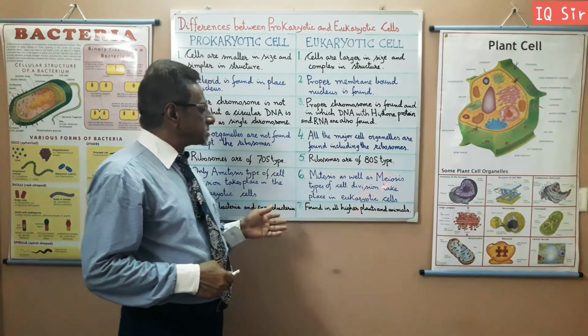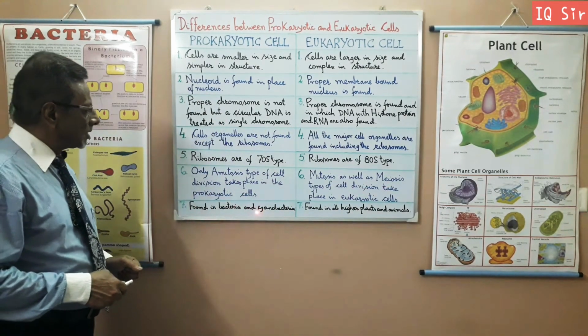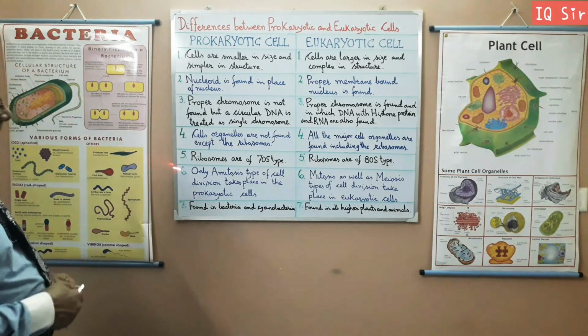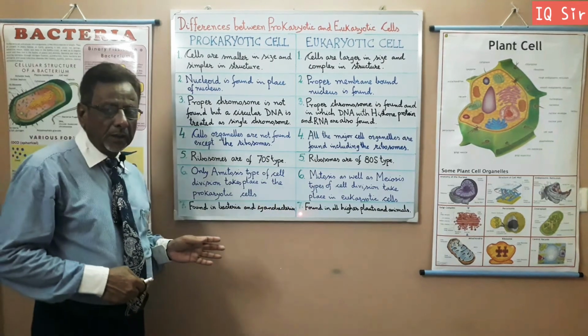Okay. So last but not least, prokaryotic cells are found in bacteria and cyanobacteria. Earlier cyanobacteria were known as blue-green algae.